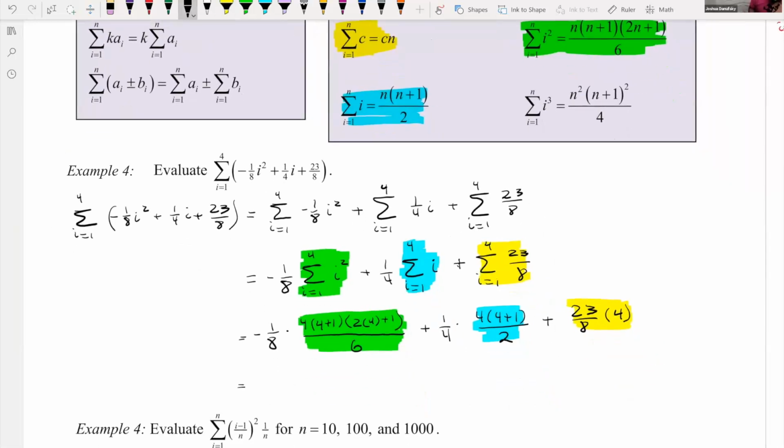So we have negative 1/8 on top here, we're going to have 4 times 5 times 9 all over 6, plus here these 4's will cancel, so we'll have 5 over 2, plus here the 4 and this guy will cancel, leaving us with the 23/2.